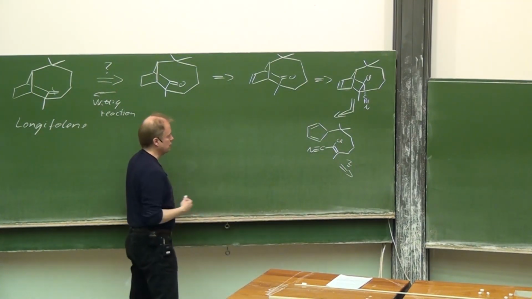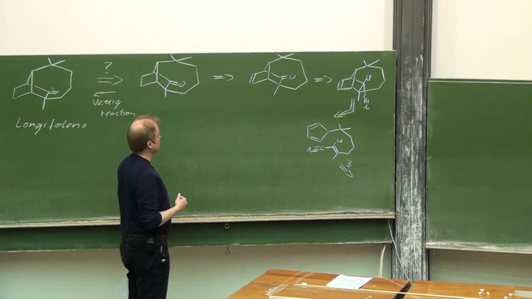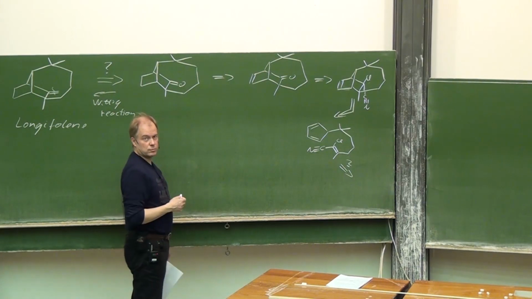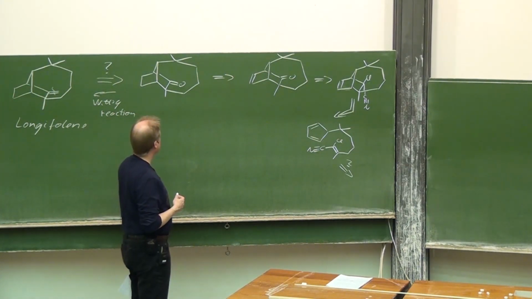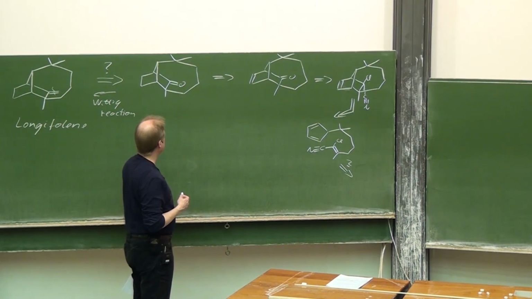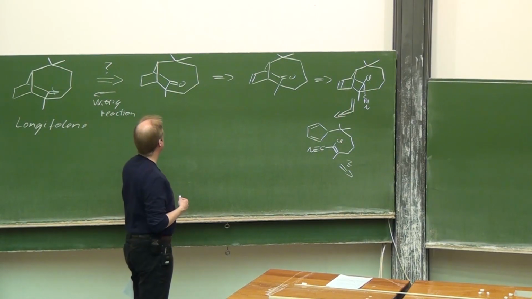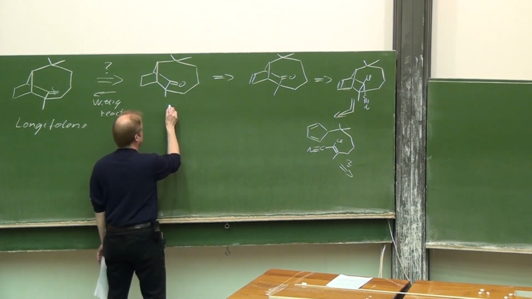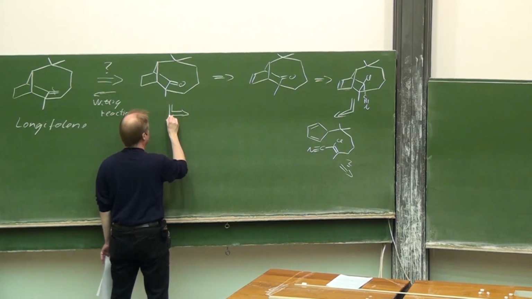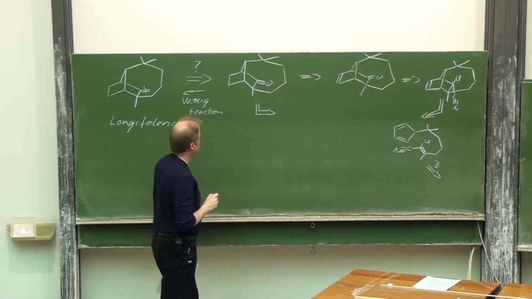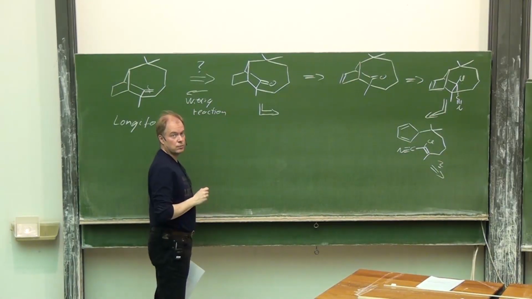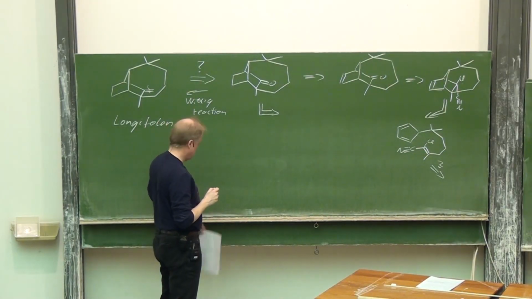But one should keep in mind that the Diels-Alder approach is feasible. We later on will see a synthesis making use of a Diels-Alder approach. But at first, let us discuss another idea which led to a complete synthesis by E.J. Corey's group.